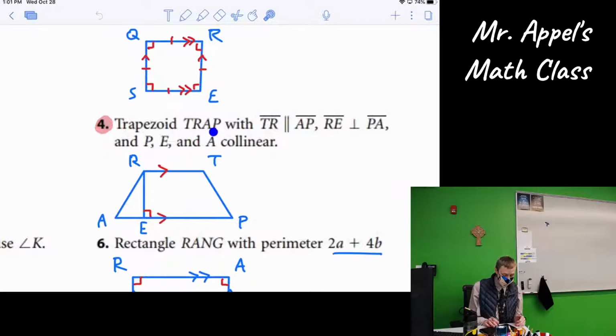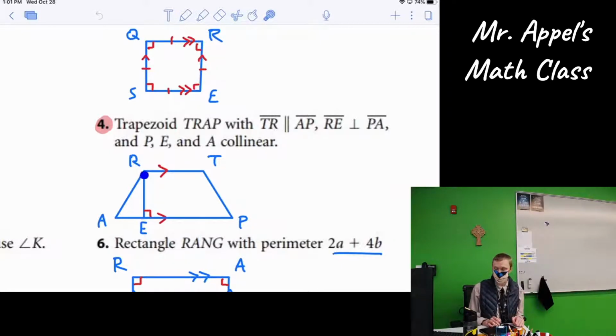I know that A and P have to be vertices of my trapezoid because they're part of its name. So E's got to be in the middle there. There's no other way. I mean, you could theoretically put it anywhere along here. You can stretch these out and make them longer or shorter if you want. But it has to be there, which means my perpendicular line to RE is not part of the trapezoid.